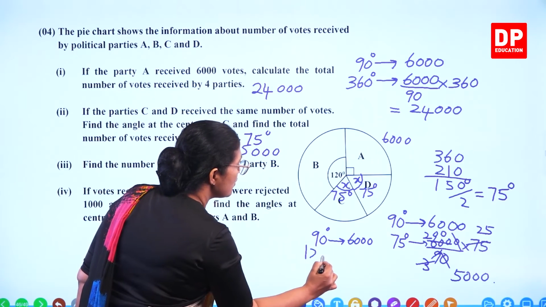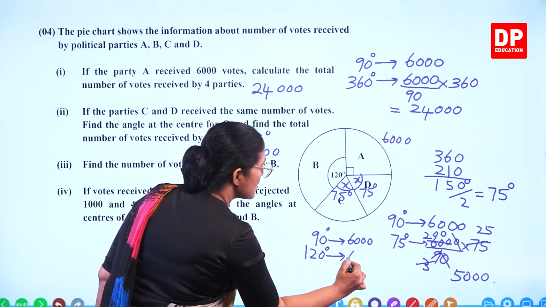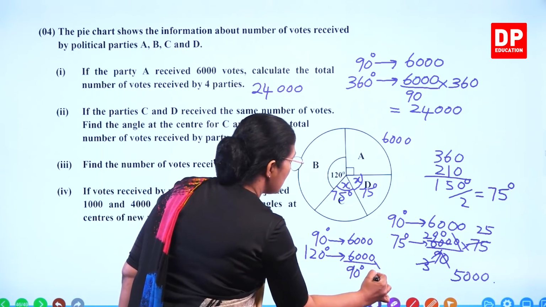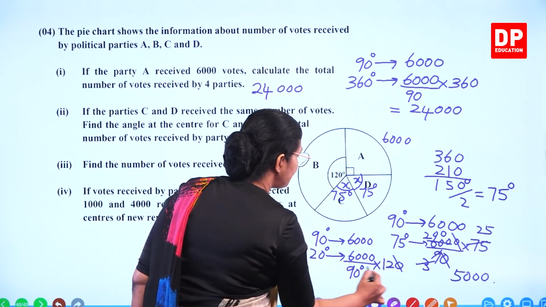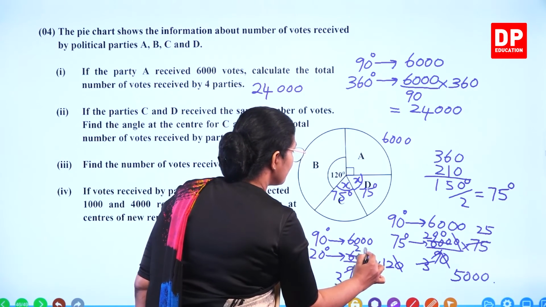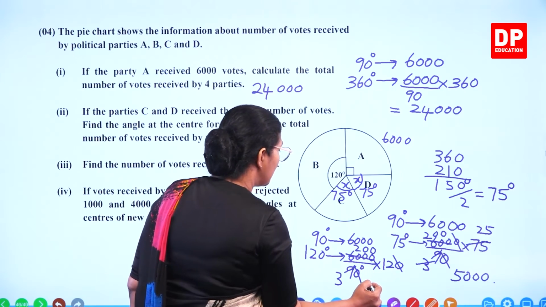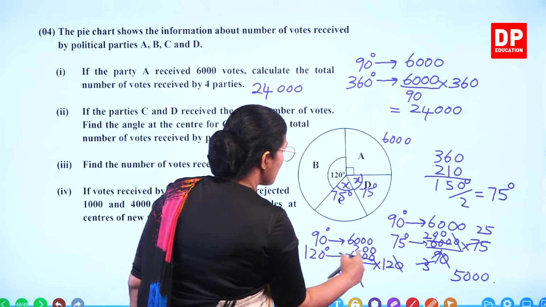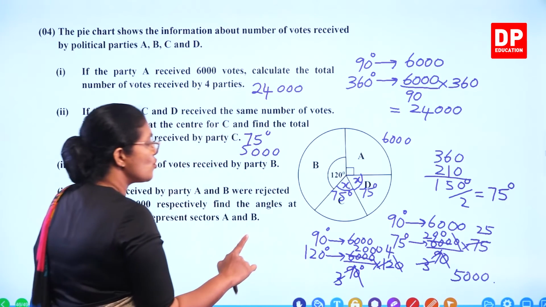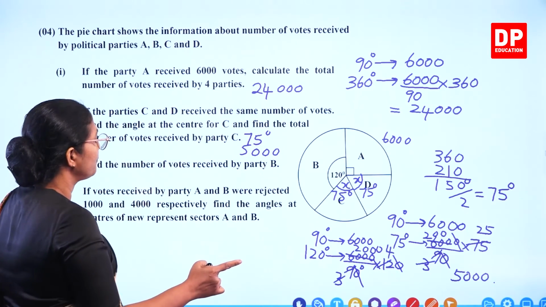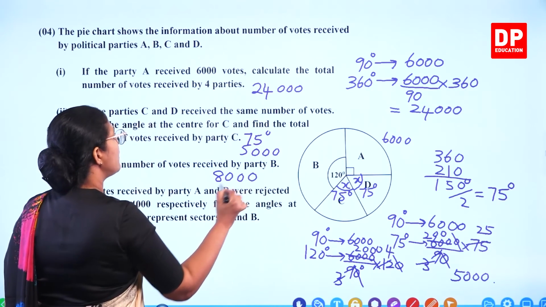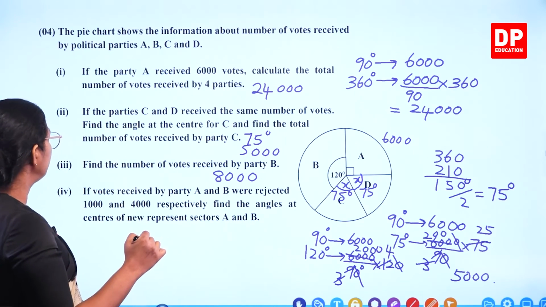What about 120? 6,000 divided by 90 multiplied by 120. 3 times 2, 2,000. So 3 times 4. 2,000 into 4, 8,000. 8,000 votes for party B.